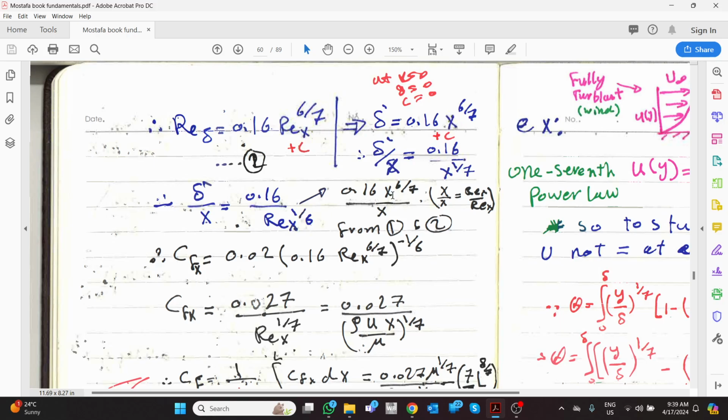So in total it is x to the power 1 over 7. So this term is equal to this term. Because this one is x and this one is x, we can remove the x and put it as Reynolds number.